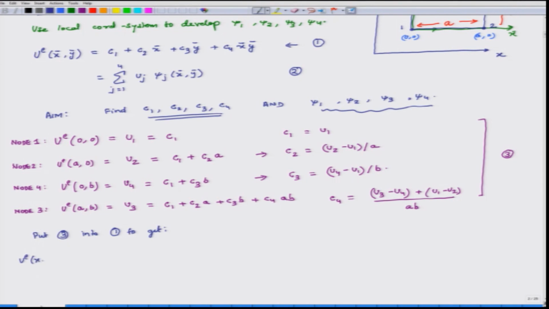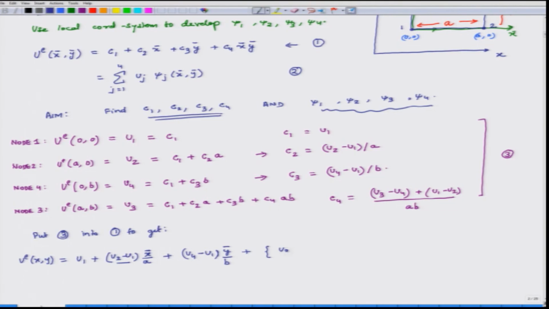So, UE x, y equals, so C1 is equal to U1, so U1 plus C2 is U2 minus U1 divided by A, times x bar, plus C3 times y, and C3 is U4 minus U1 divided by B. So, it is U4 minus U1, and this should be y bar divided by B, plus C4 times xy.